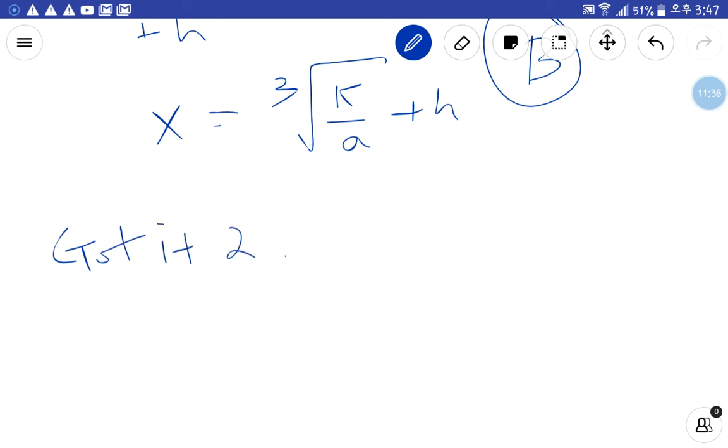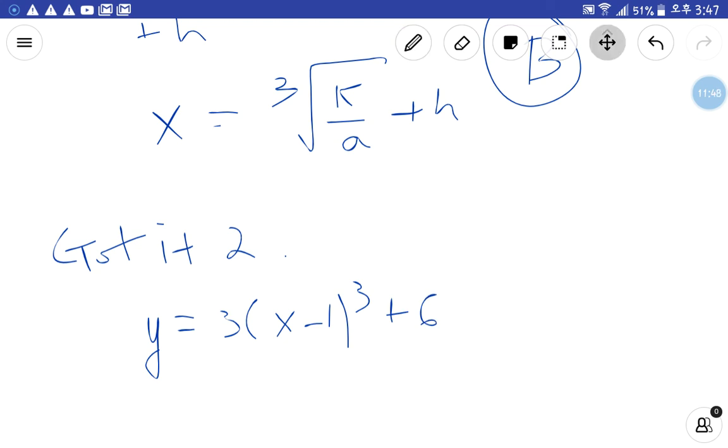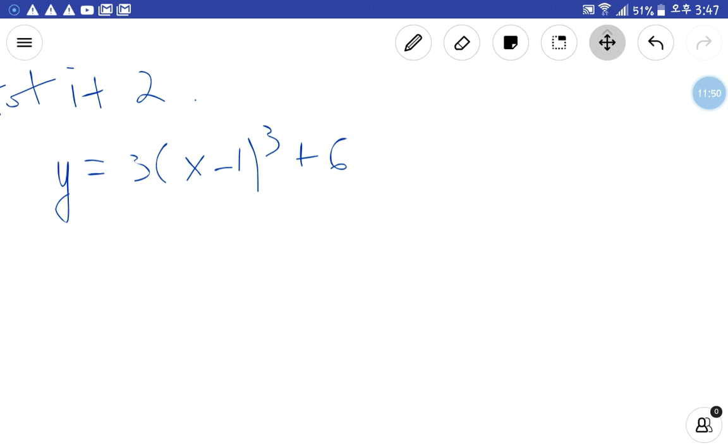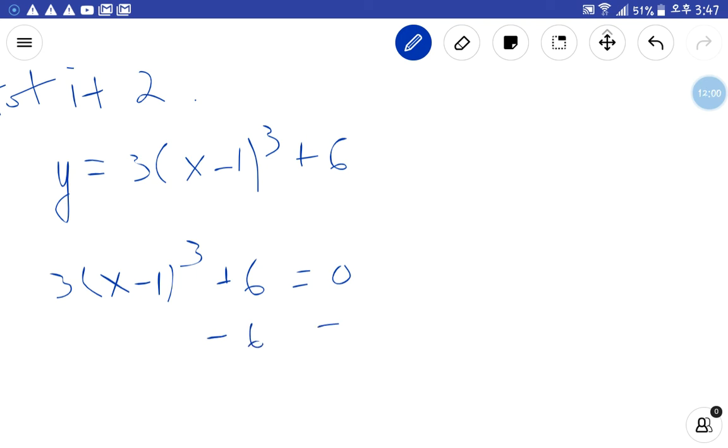I have the equation y equals 3 times x minus 1 cubed plus 6. We are looking for zeros, which is to find the x-intercept. You are going to set up y as 0. So 3 times x minus 1 cubed plus 6 equals 0. Now what? Minus 6 each side.